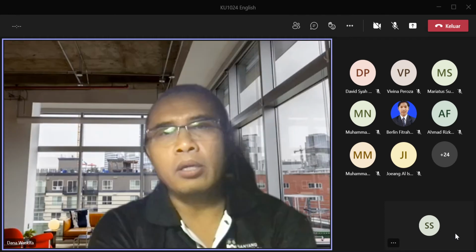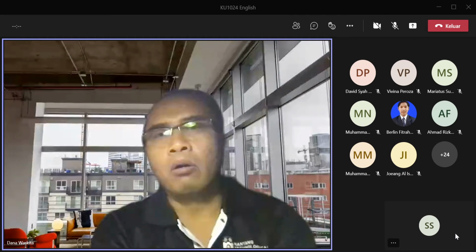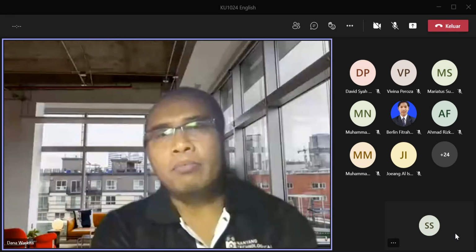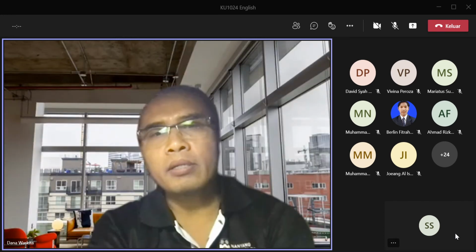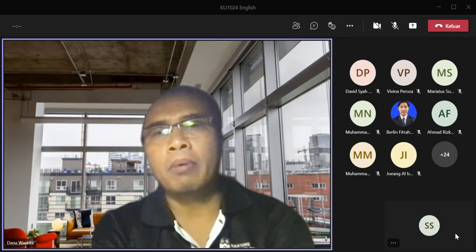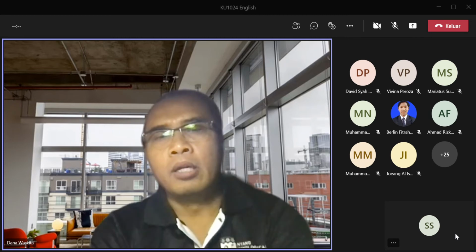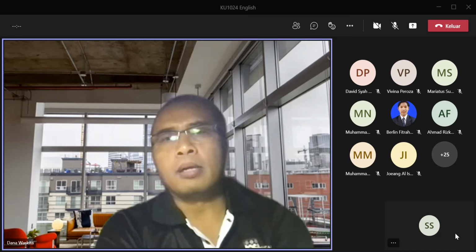It's the same for all the groups here. All you have to do is write only one summary, maybe just one paragraph. So you have to distribute the task to the members of the group, whether based on the process or based on the parts of the article itself. It's up to you.